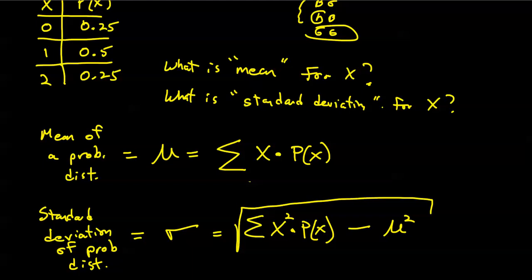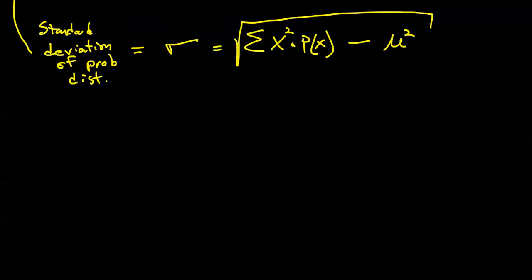Let's apply these 2 formulas in a simple example. Again, I'll take that probability distribution above for the number of girls in 2 births. Copy it down for me a minute.